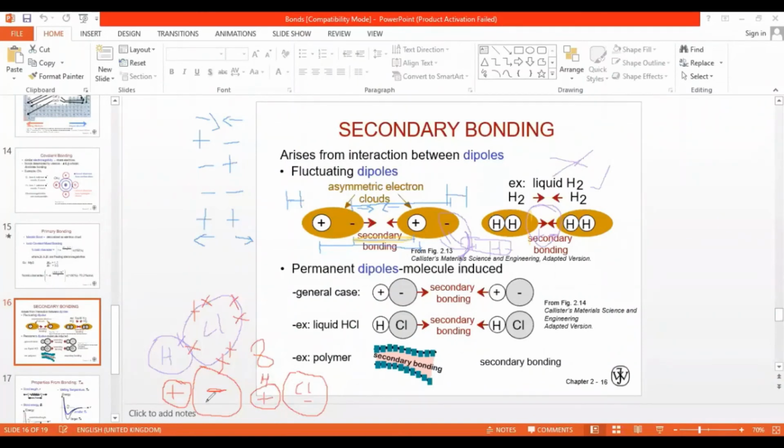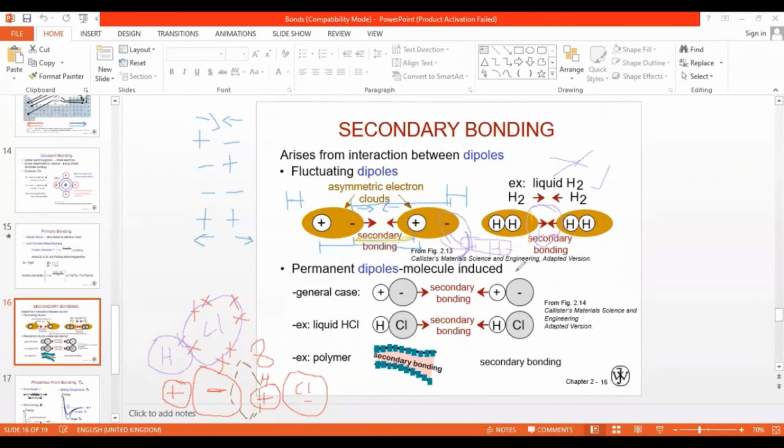So these two HCl molecules, while forming the liquid, will come close together. I told you hydrogen is positive compared with chlorine. So this positive and this negative will form a bond, right? These two will form a bond in between them, right? So this is the reason for permanent dipole molecules, right?